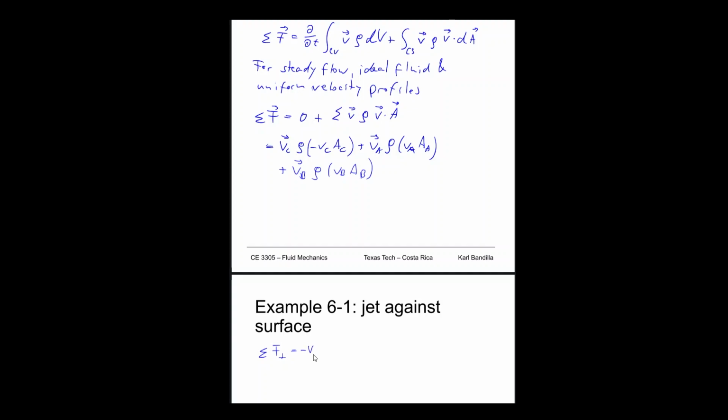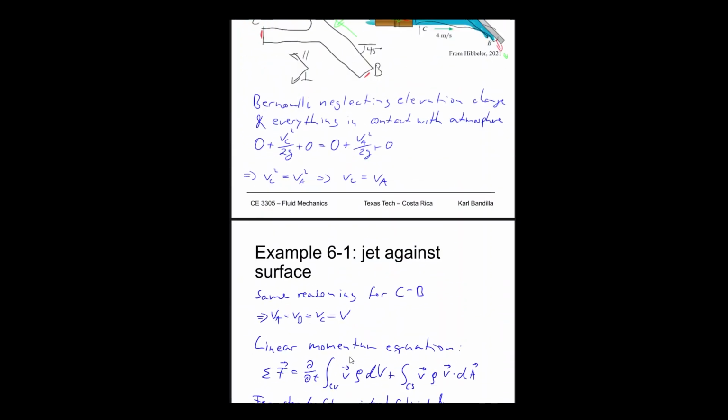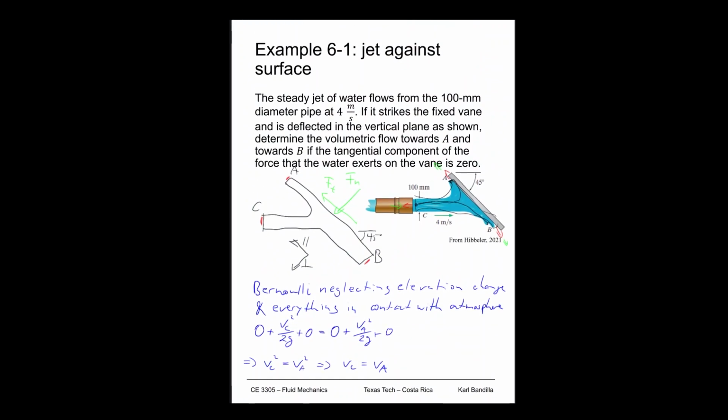So we have minus VA, and then perpendicular, times rho times minus, this is not A, go back here, getting myself confused. Let's see what our flows look like here. My flow in C is going in that direction, which means I have the 2 components like that.